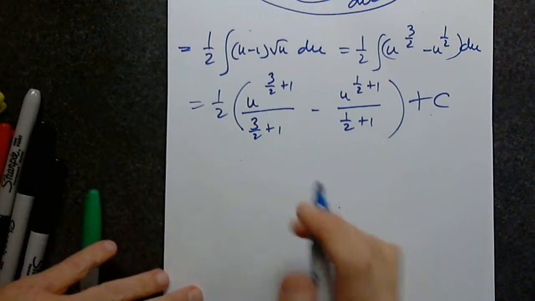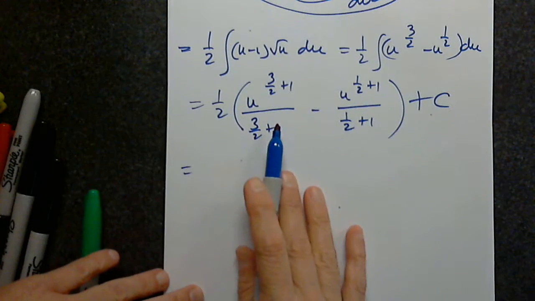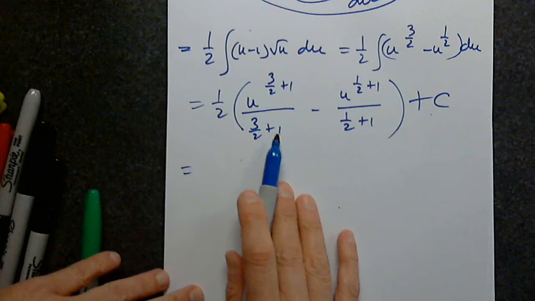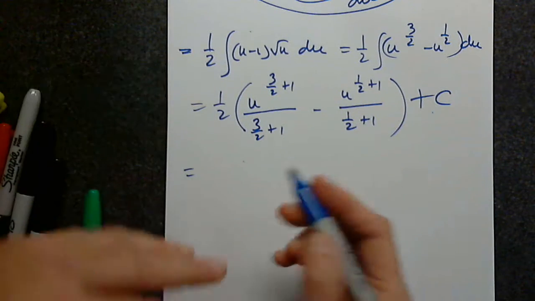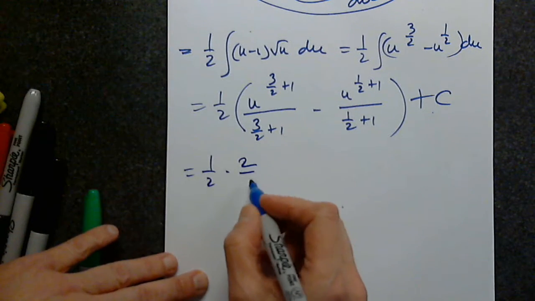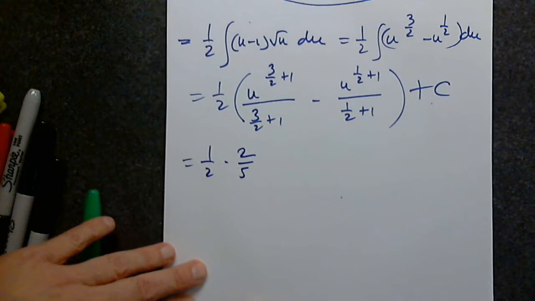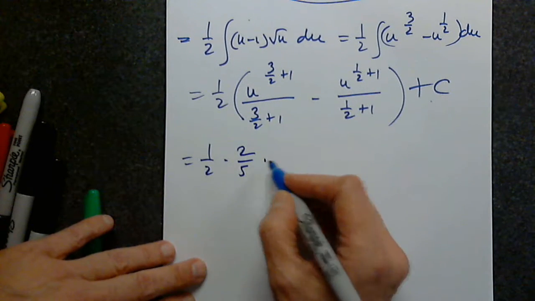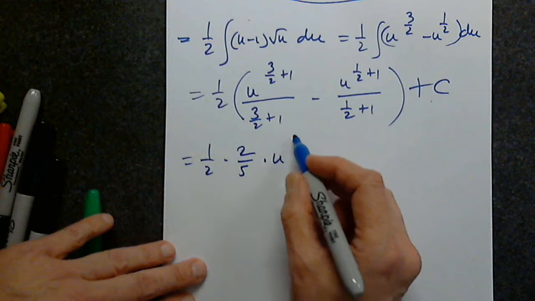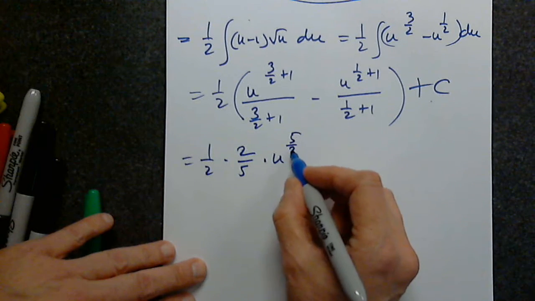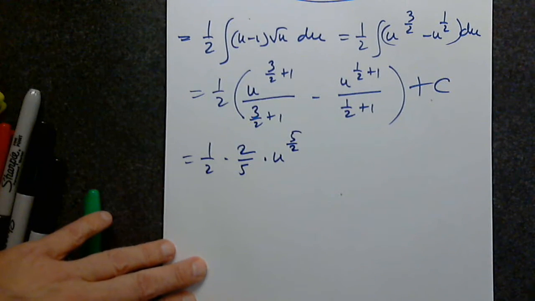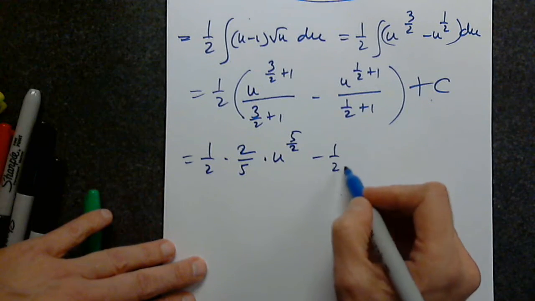Perfect. Thank you. So 3 over 2 plus 2 over 2 is 5 over 2, and I have to flip. So 1 over 2 times 2 over 5 multiplied by u to 5/2. Then again, minus 1/2.